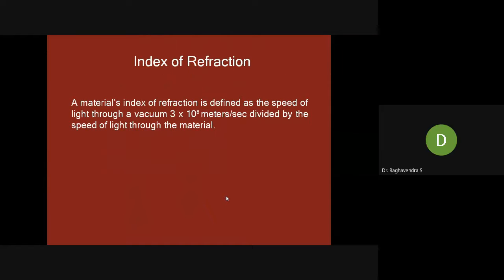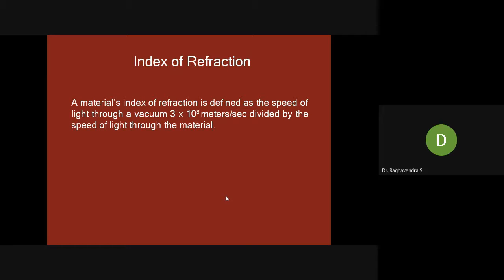Right. Index of refraction. What is the refraction index? You know that. I learned this definition in school days, PUC, all these things. It is the speed of light in a different medium. The speed of light will not be the same in an air medium, and it will not be the same in water or a liquid medium.